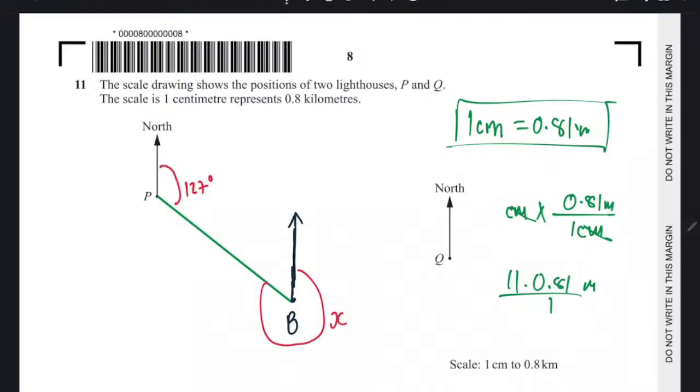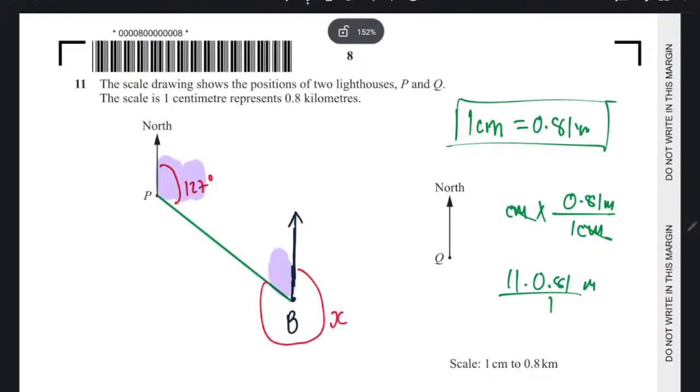We'll call it X. Here is the rule you always use, and you're not going to let me down. The rule you always use is that the interior angles here, when you add them, should be equal to 180.